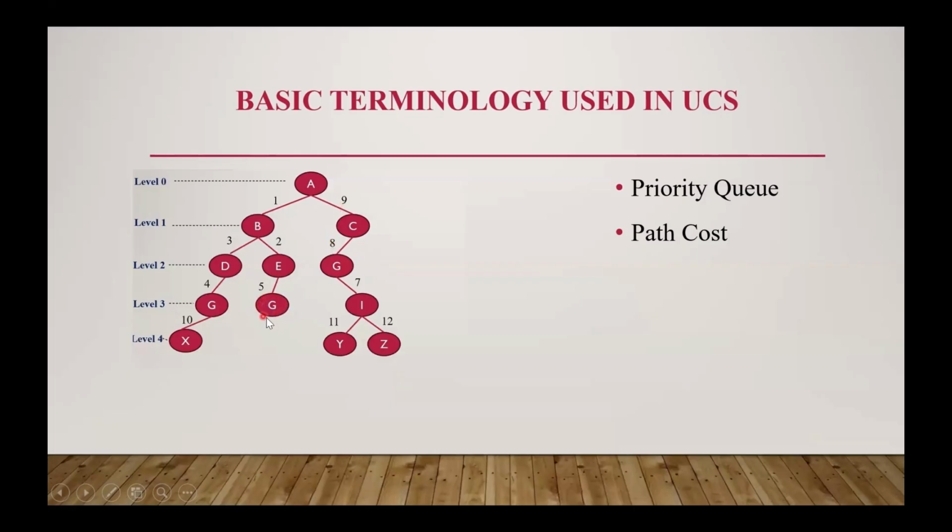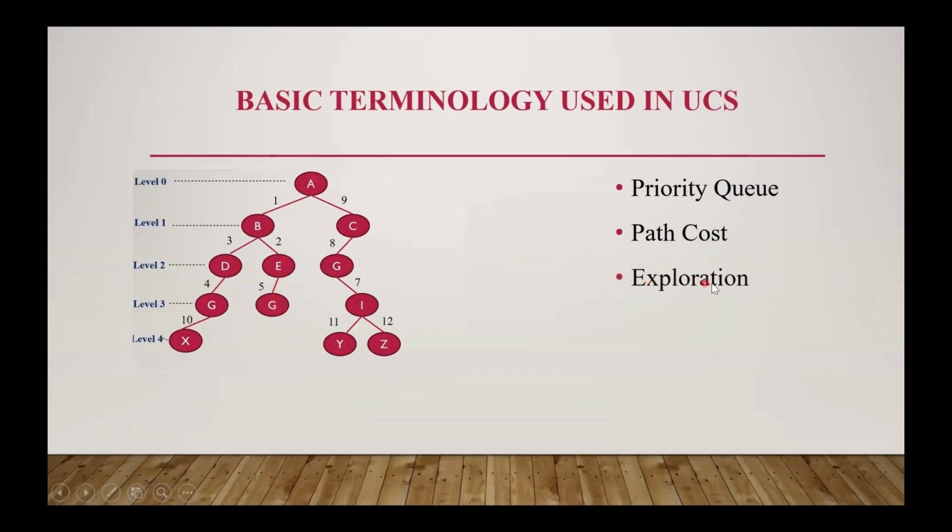If I calculate the path cost of this G node, cumulative means how to reach this G node: first A to B, B to E, E to G. So 1 plus 2 is 3, 3 plus 5 is 8. So path cost means the cumulative cost from the root node to that specific node.